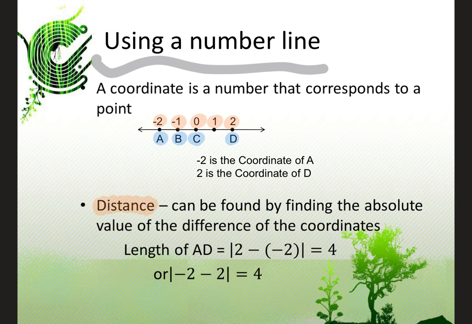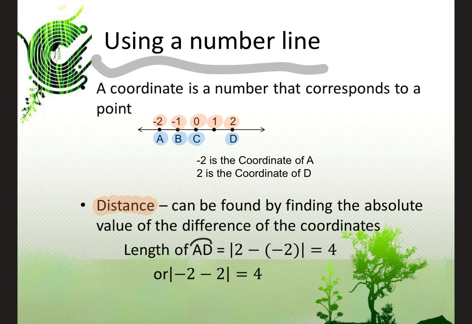So distance can be found by finding the absolute value of the difference of the coordinates. There's a couple different ways to do it. You can physically count from one coordinate to the other, or you can take the bigger number and subtract the smaller one from it, or you can just subtract and make sure it's in the absolute value, so the order of what you're subtracting doesn't matter.